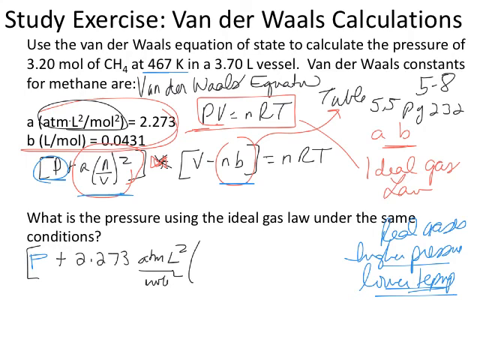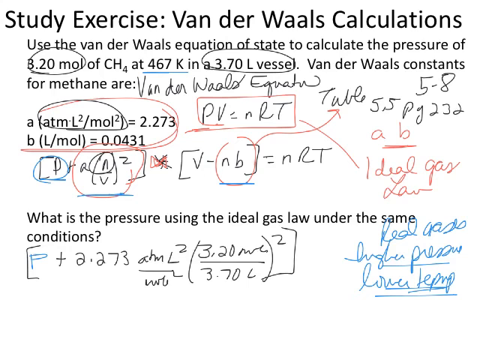And then we have 3.20 mole, because that's N, divided by our volume, 3.70 liter, and we're going to square this term. We got that also in our equation.